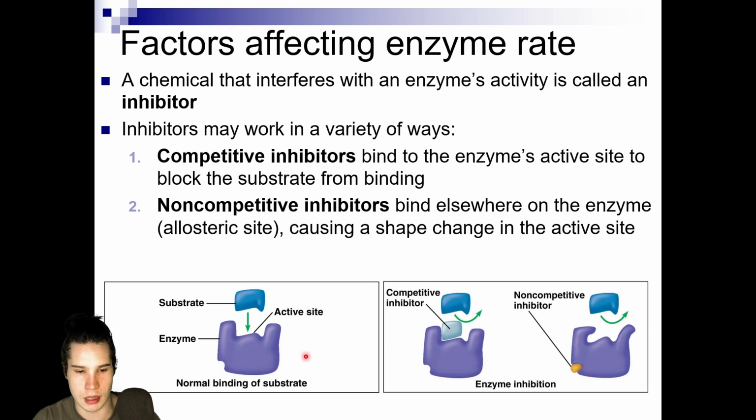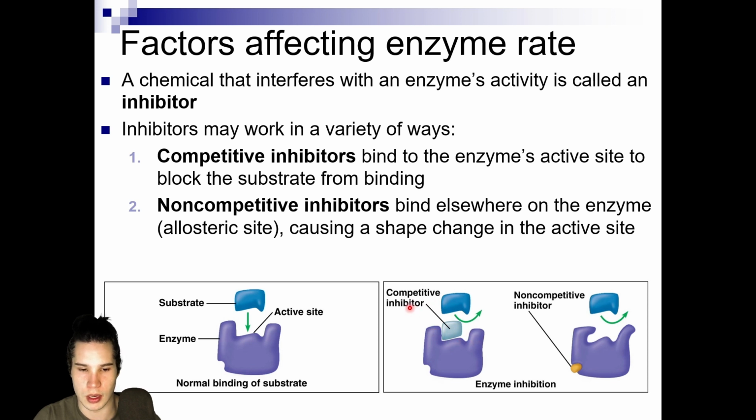So normally an enzyme, here's this purple thing is an enzyme. This little shape here is the active site. The substrate is perfectly formed to fit in the enzyme's active site. And so this is the way a normal enzyme would function. However, if you have a competitive inhibitor included in the mix, it might have a similar shape to the substrate, allowing it to bind to the active site of the enzyme.